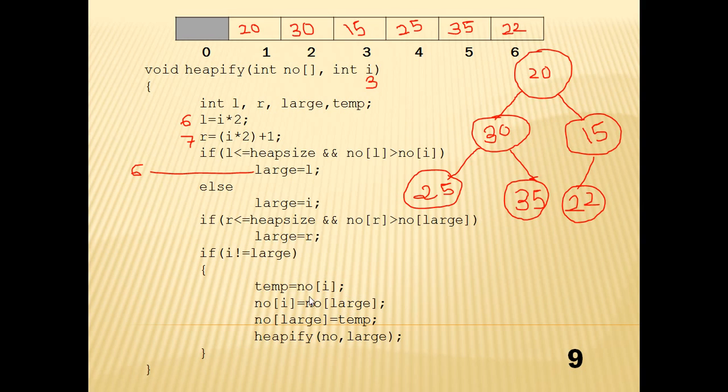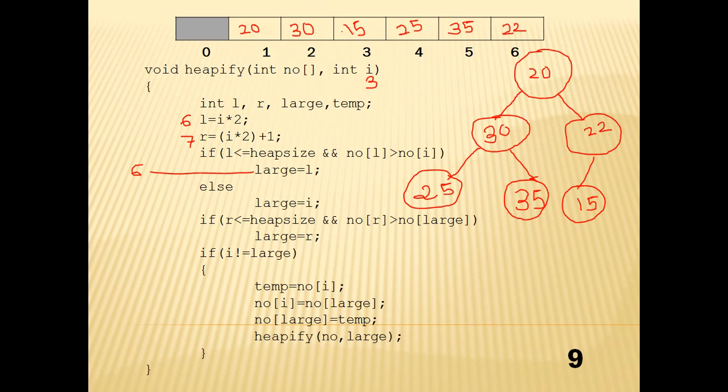Two items will be interchanged, and heapify will be called recursively. It is a true condition, so two items will be interchanged, i and large. It will be 22, and it will be 15.